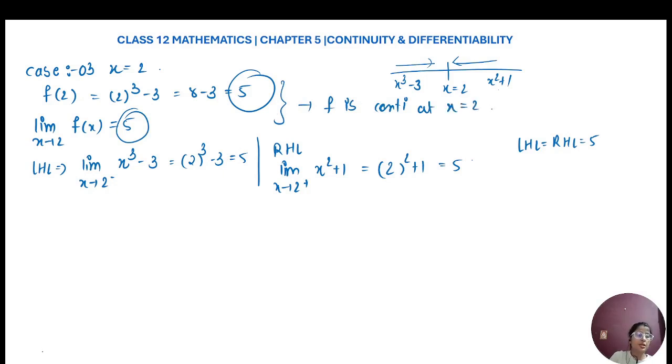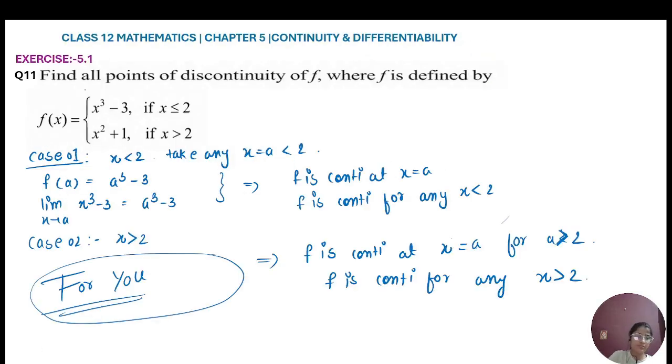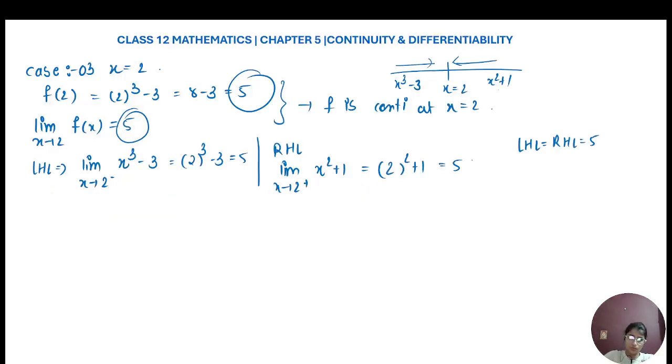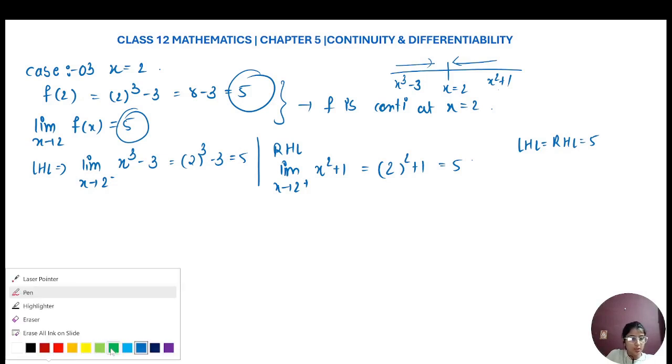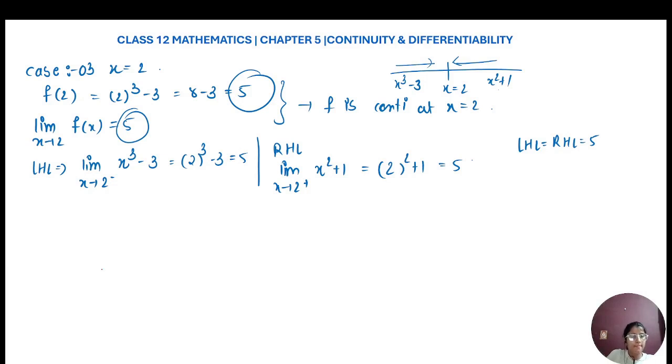So what will be the conclusion? This function f is continuous in each and every case. From here we get, the function is continuous at each and every point in its domain. Let's make our conclusion. Always make your conclusion clear.